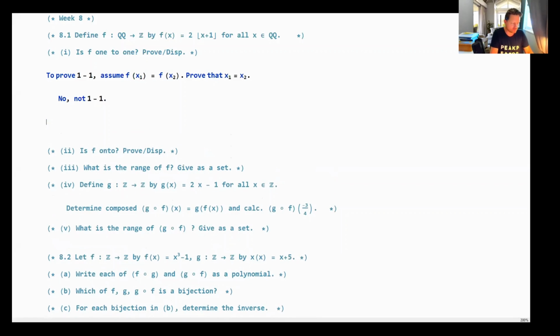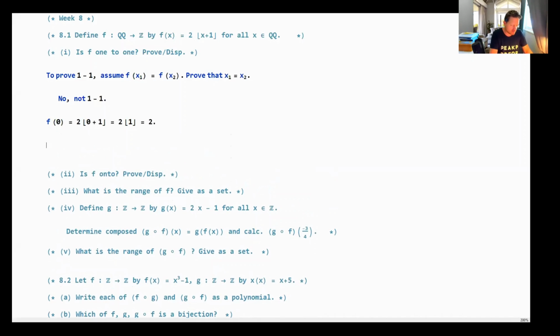because, for example, f of 0 is equal to 2 times the floor of 0 plus 1. Okay, so twice the floor of 1, and the floor of 1 is 1, so this is 2, right? However, on the other hand, f of 1/4 is twice the floor of 1/4 plus 1. Okay, and then the floor of 1 and 1/4, or 1.25, is equal to 1.